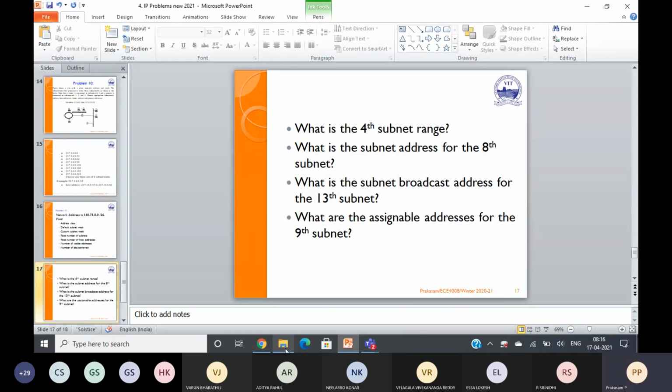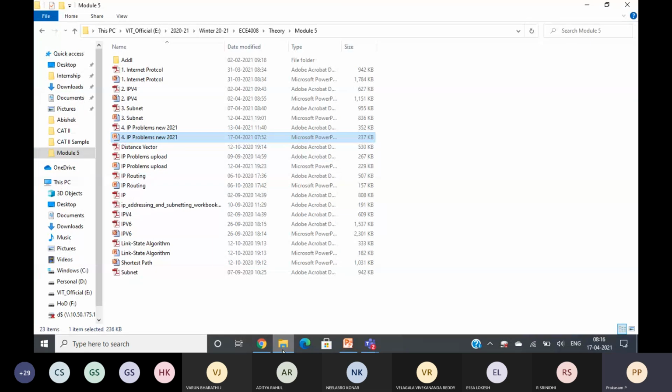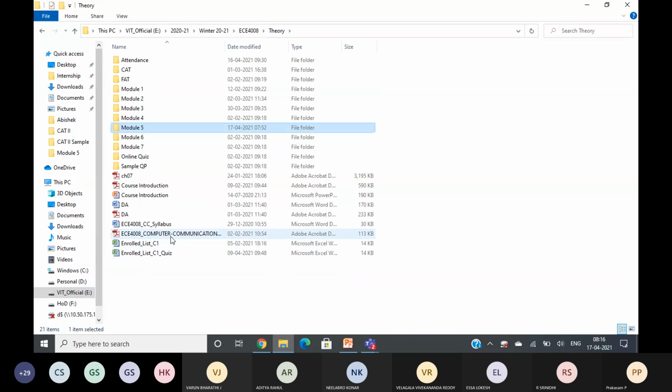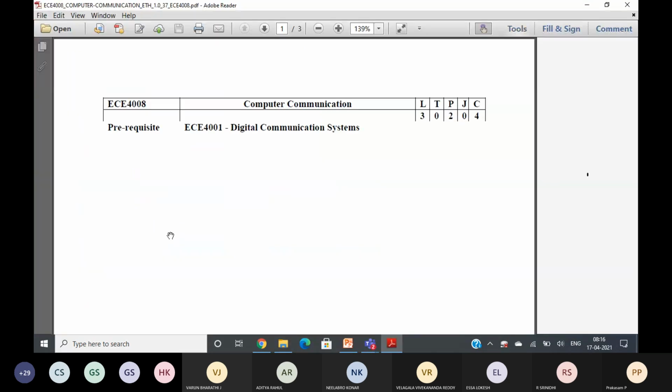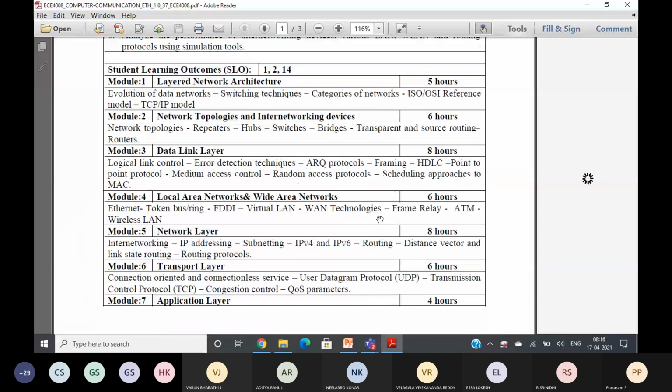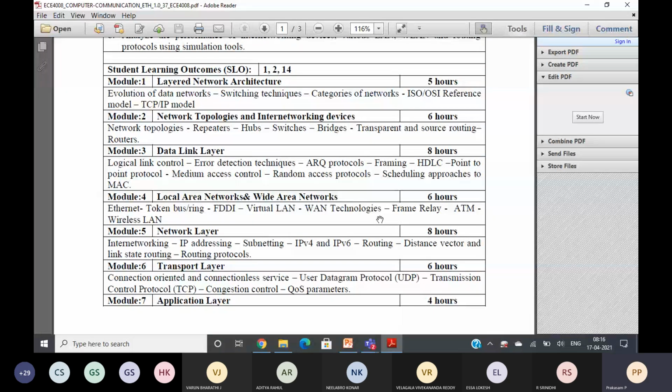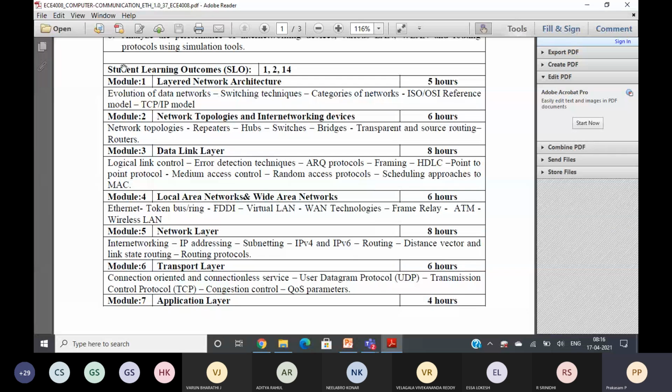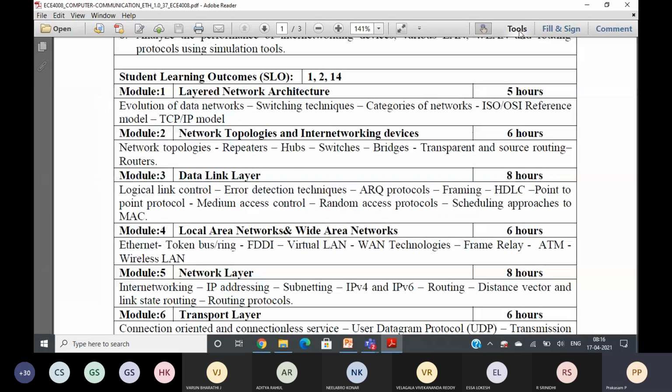Now we will see what all things you should concentrate on for your CAT. I think we have already discussed the topics. It is the ARQ protocols. It is very important, because in module 3, in the ARQ protocol, you should practice problems using sliding window.